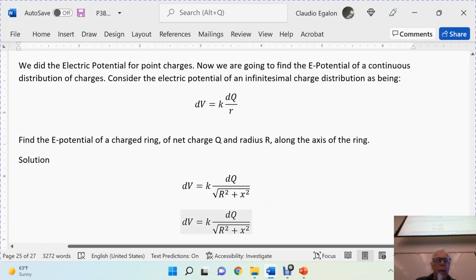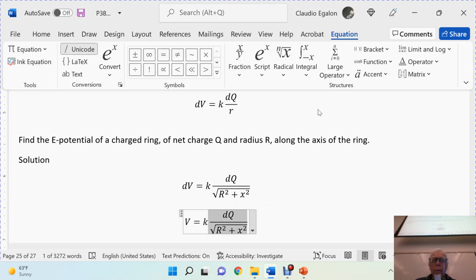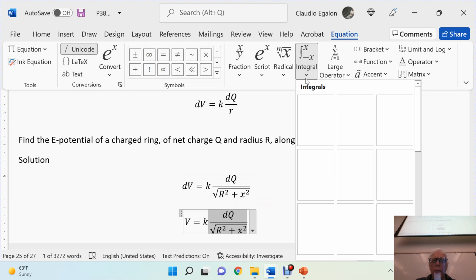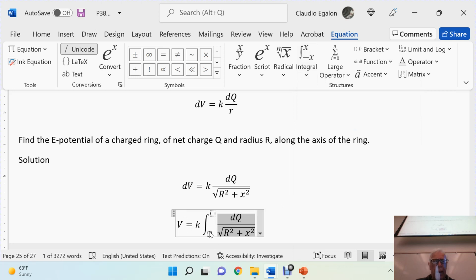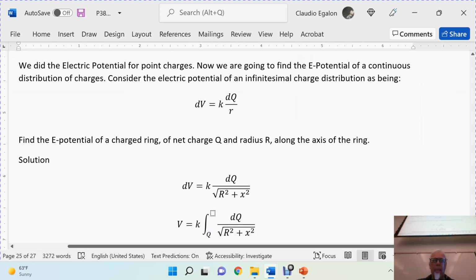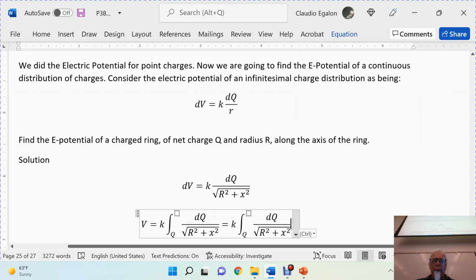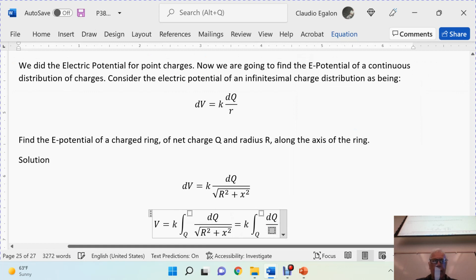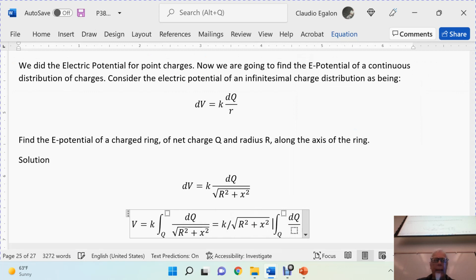V. We can apply the integral right in here, over the charge distribution Q. As we integrate, this term, the x, doesn't change, so we can take it out of the integral.